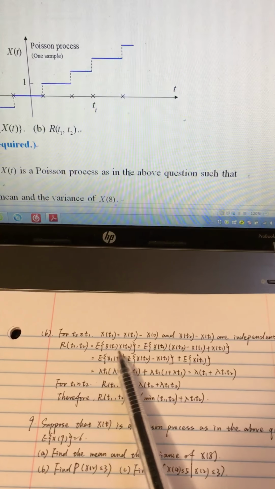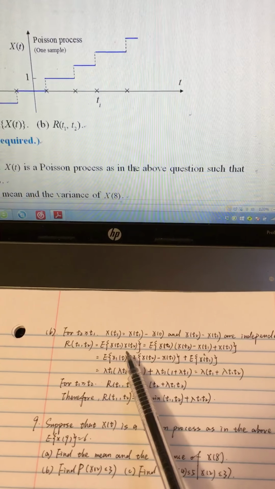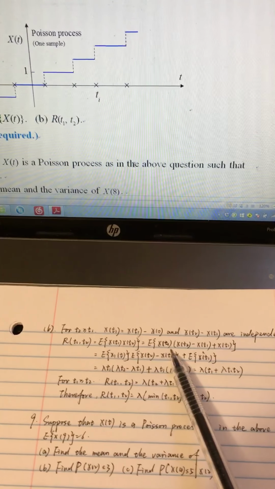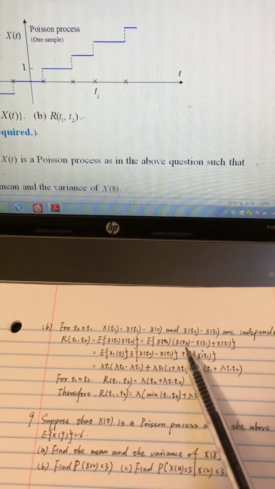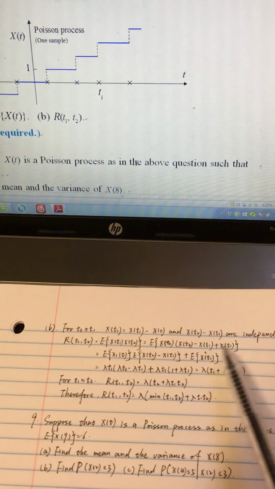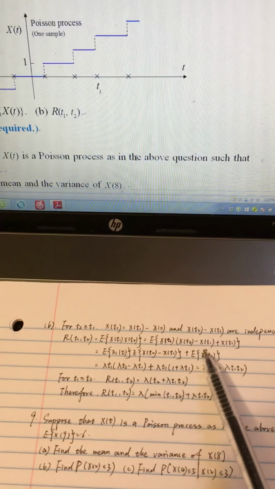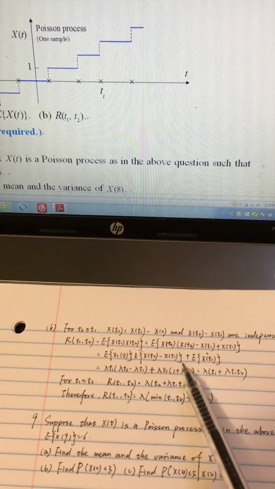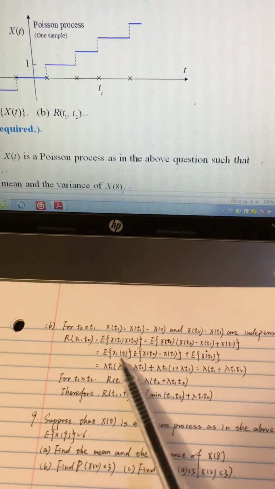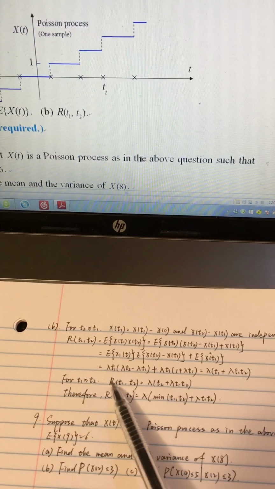R_X(t1, t2) is equal to the expectation of the product, and we rewrite X(t2) as X(t2) minus X(t1) plus X(t1), and we separate it into two parts. The first one is this, and the second is the expectation of X(t1) squared.